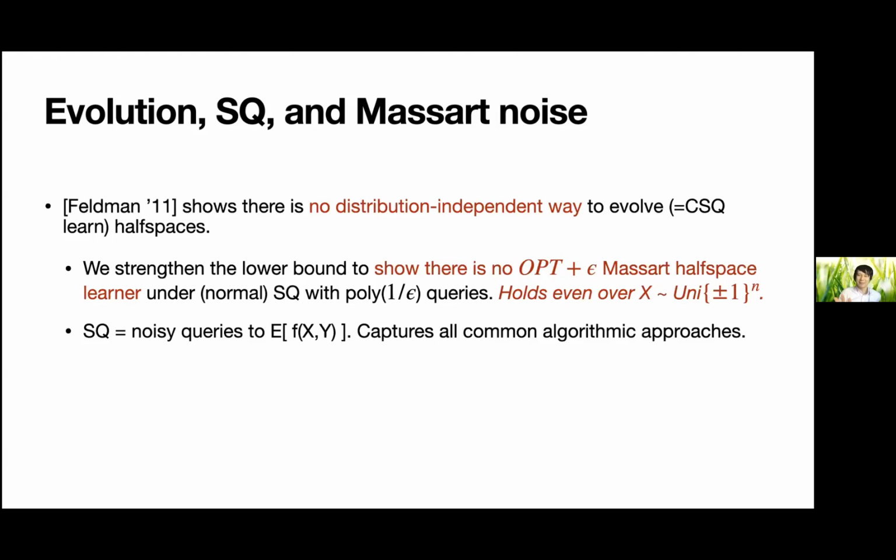All of these things that are based on, say, gradient descent on some loss can be implemented with SQ queries. So as far as I know, pretty much every approach which has been proposed for this problem fits into the SQ framework. And what we see is that nothing that fits into the SQ framework is going to give you an OPT plus epsilon learner. So it seems unlikely that there's any algorithm that gets error OPT plus epsilon.